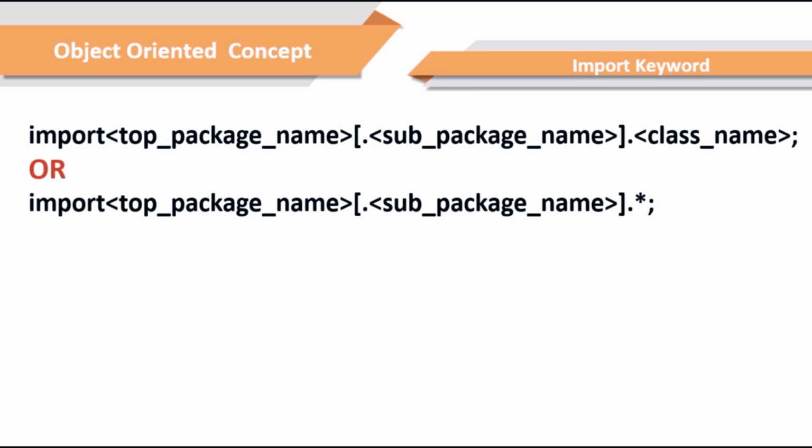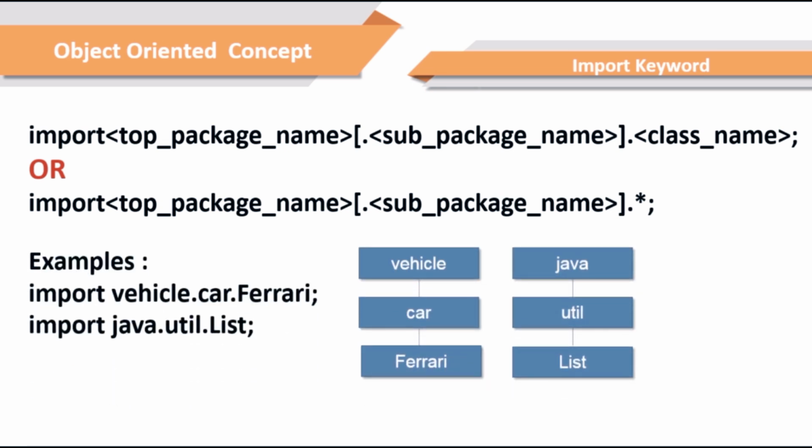For example, you see this on the slide. If we use import vehicle.car.ferrari, that means that we will use only the Ferrari class in the sub-package car in the top package vehicle. Yeah?